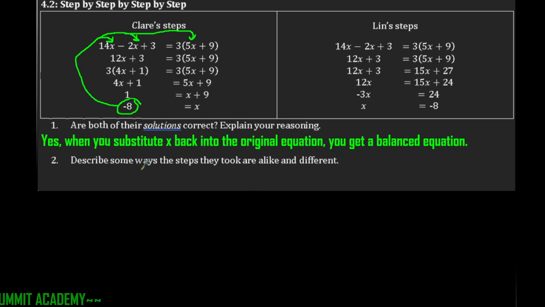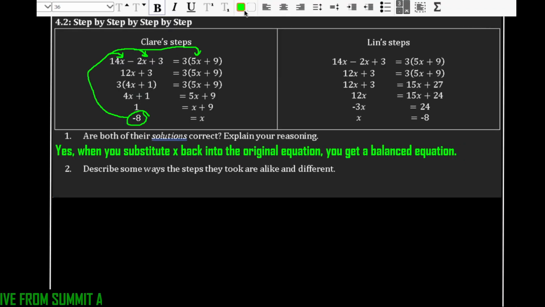And it says describe the steps that they took that are alike and some that are different. So let me do that. Some steps that are alike: both students combined like terms.